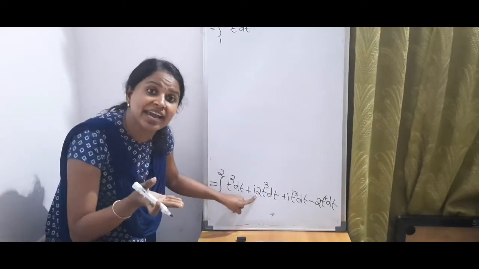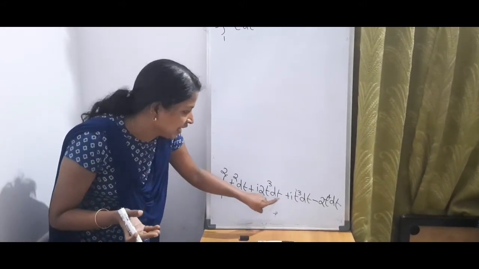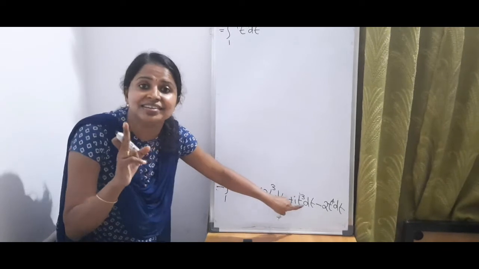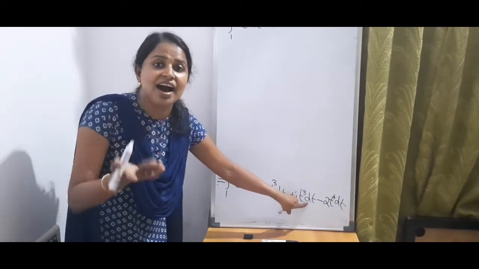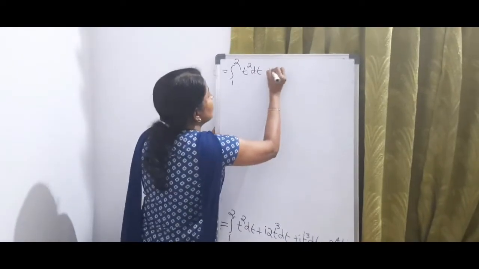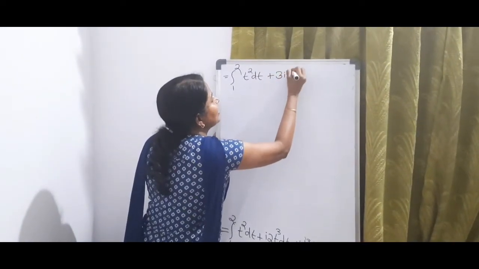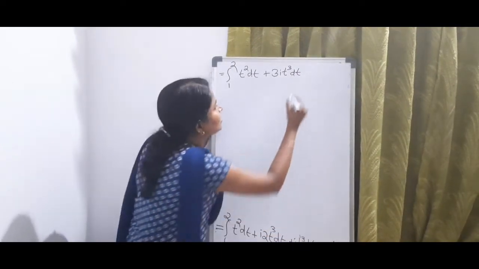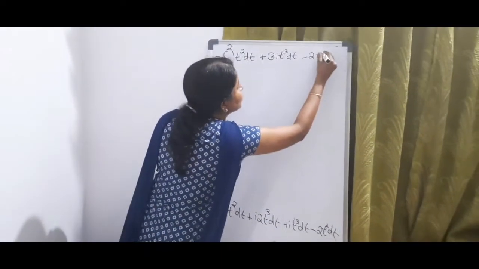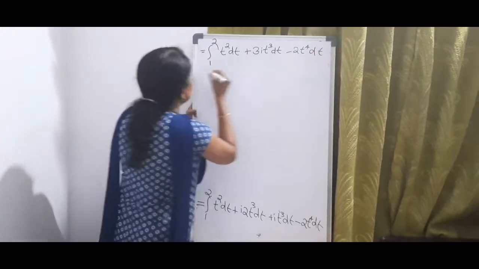Here 2i t cube dt and 1i t cube dt, so the sum is 3i t cube dt, and minus 2 t raised to 4 dt.